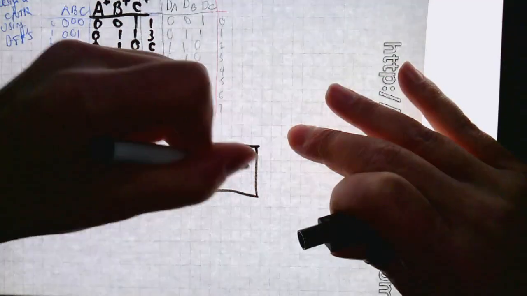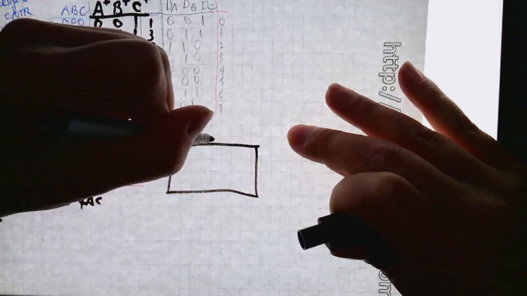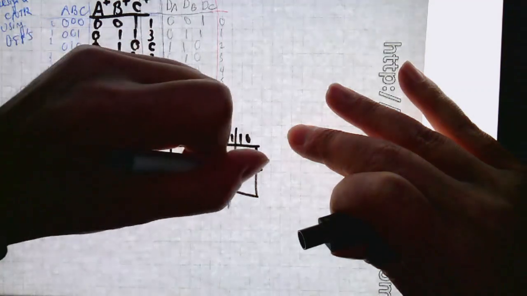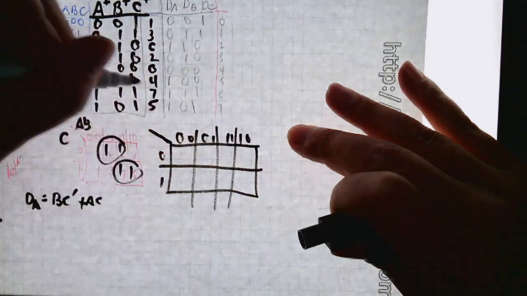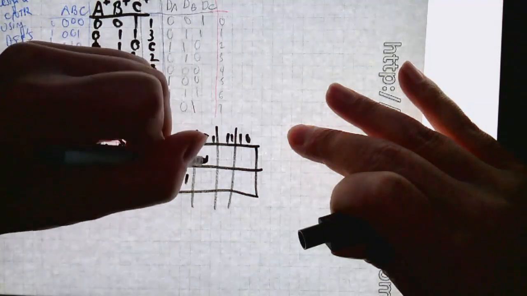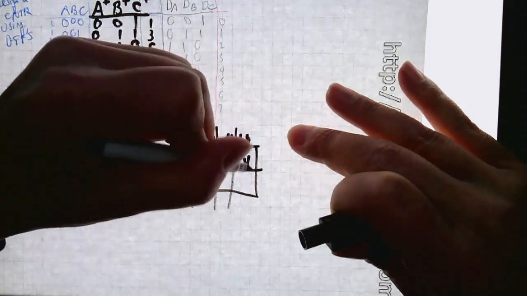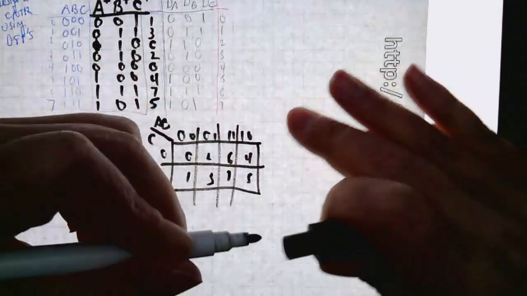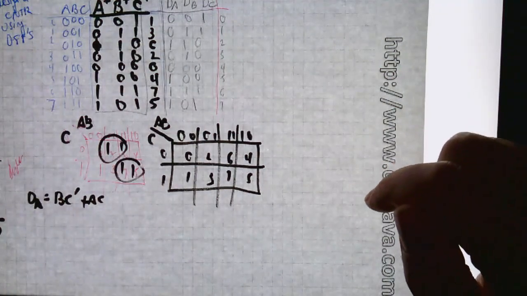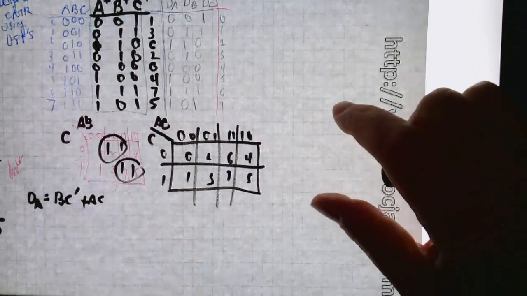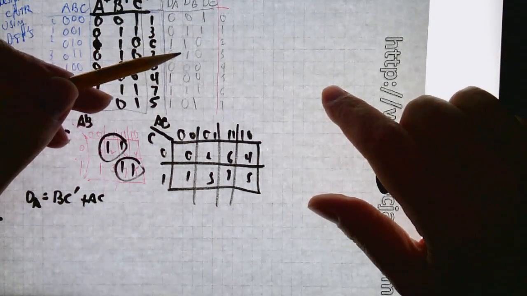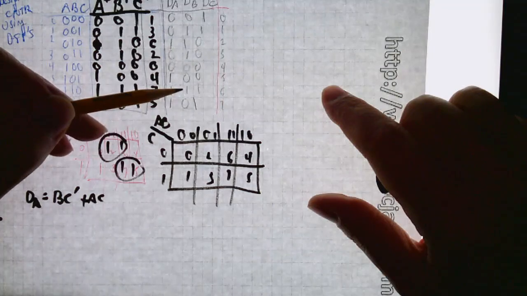This time with a slightly larger. We'll go to 1, 2, 5, and 6.